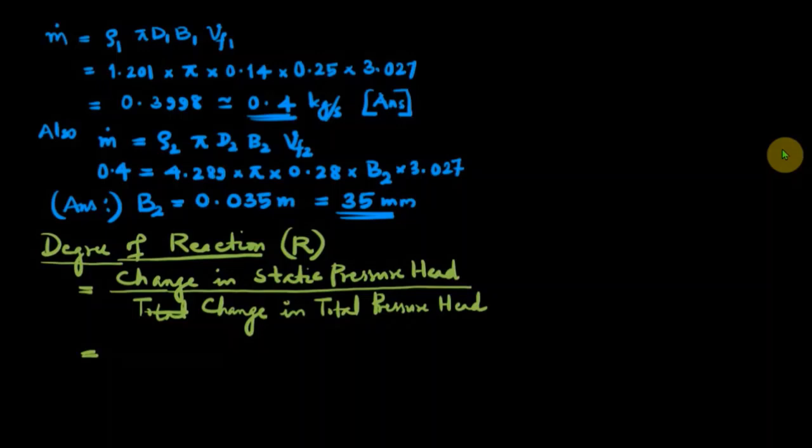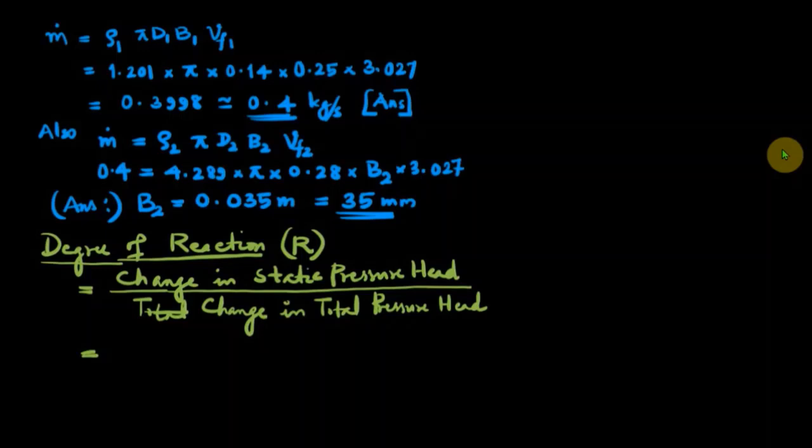Here now we will consider Euler's equation to get the corresponding expressions. So I repeat, the degree of reaction is defined as the ratio of the change in static pressure head to the change in total pressure head of the flow of air through the impeller.